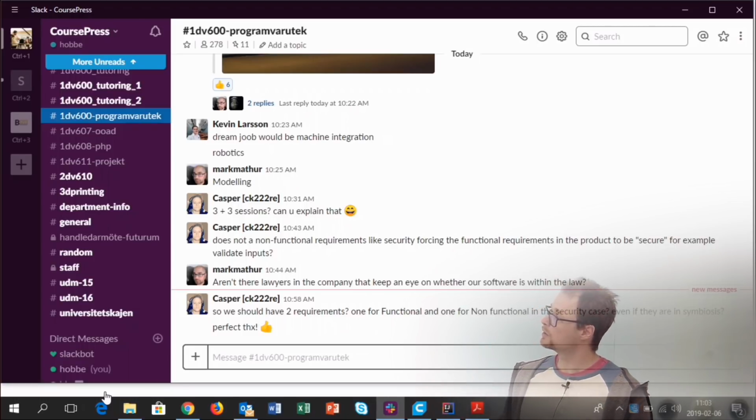And as such, the quality requirements become quite important in the beginning of the project, because they are often very hard to change at a late stage in the project. It's often quite hard to add security before the final release.